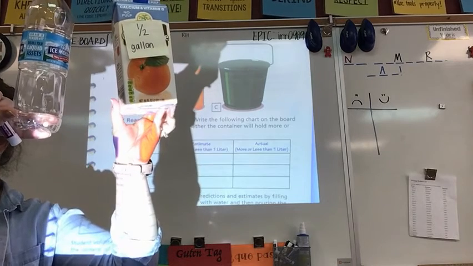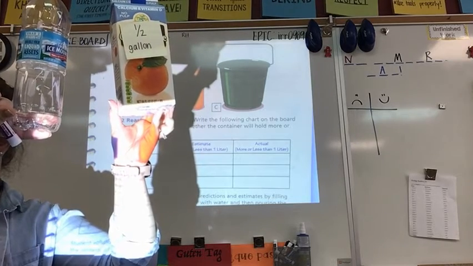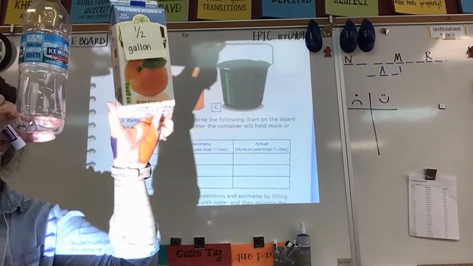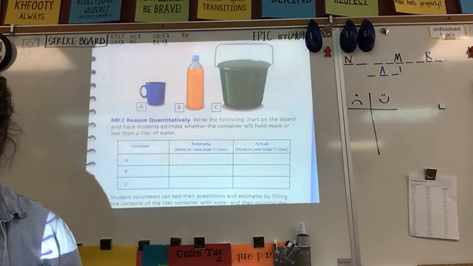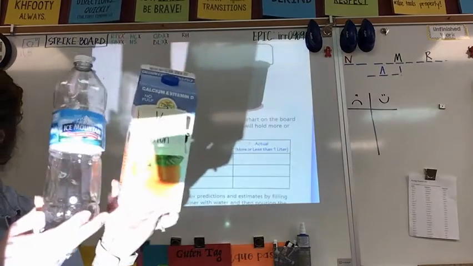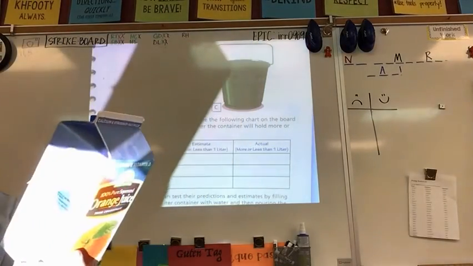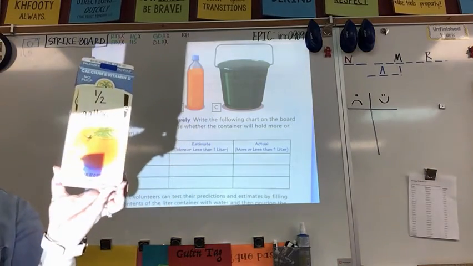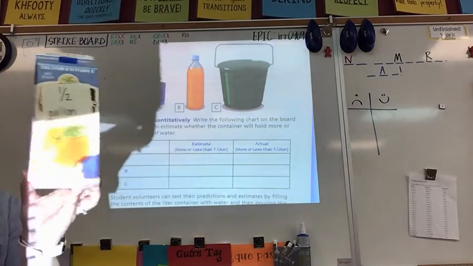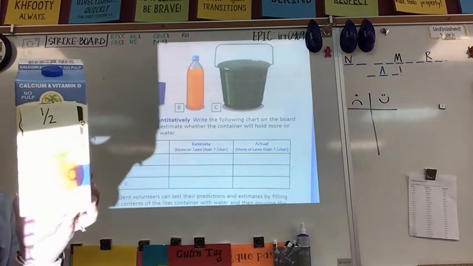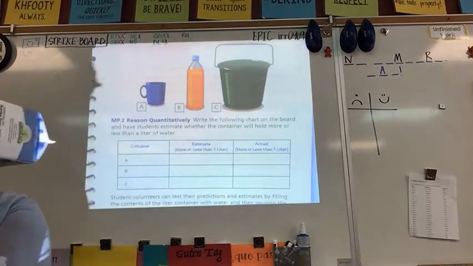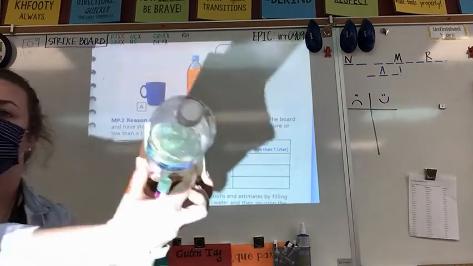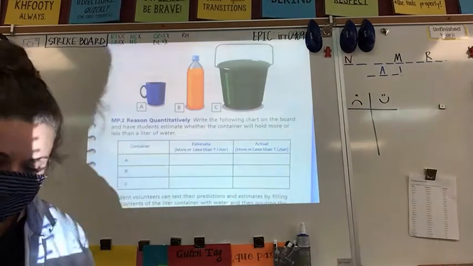When I drop them, you can tell me. Liters or milliliters? Liters. Probably liters. They look pretty close in size, right? In fact, this tells me that it's 1.89 liters. So it's actually almost 2 liters. The square makes it deceiving because it's a lot bigger base than my water bottle.